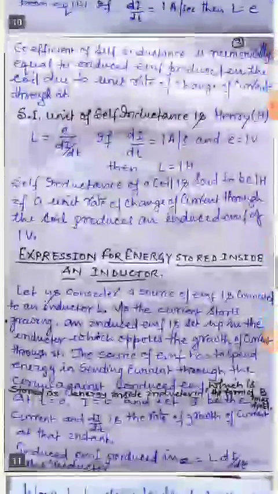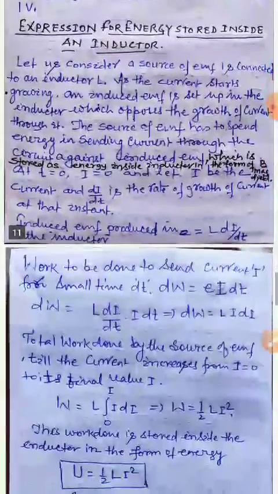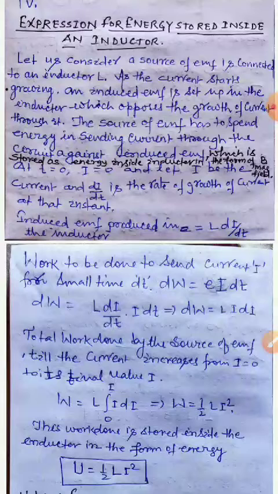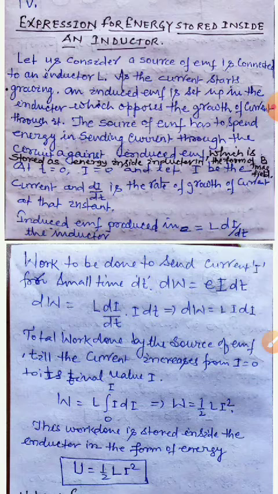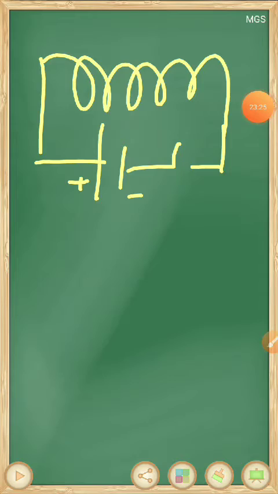Now our next topic is energy stored inside an inductor. As soon as we close the key, current starts growing in the inductor, and hence an EMF is induced inside the conductor, which opposes the growth of the current.